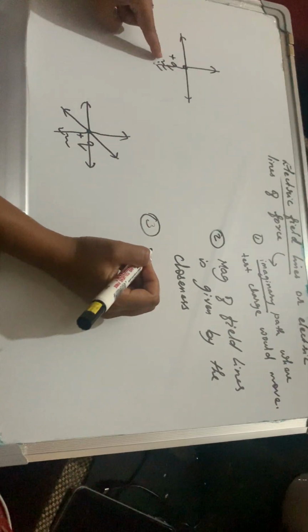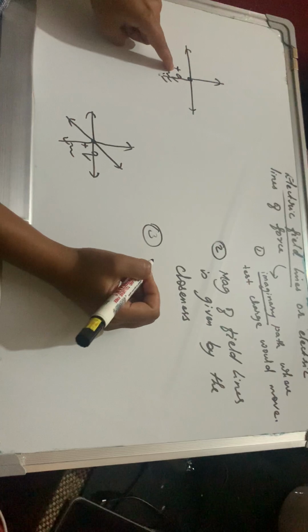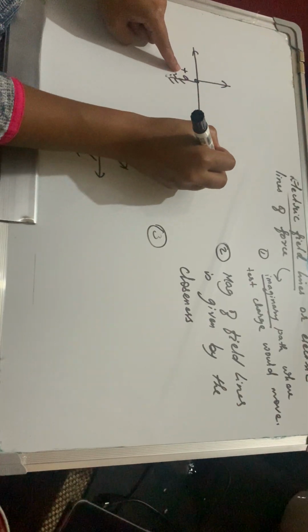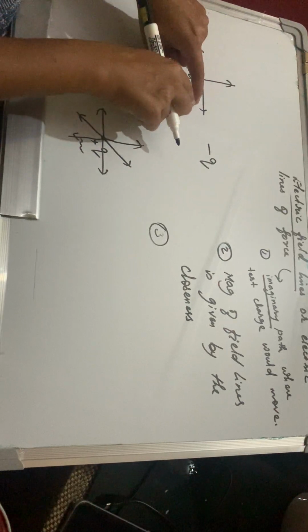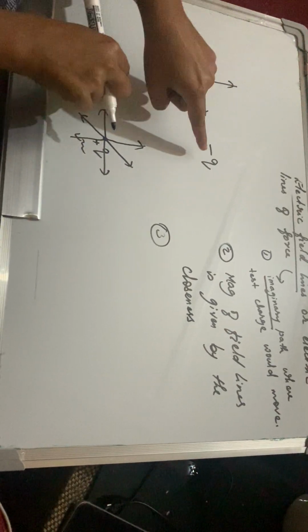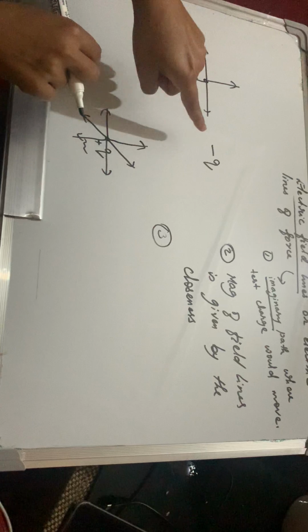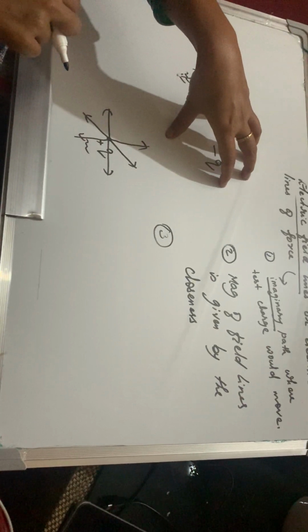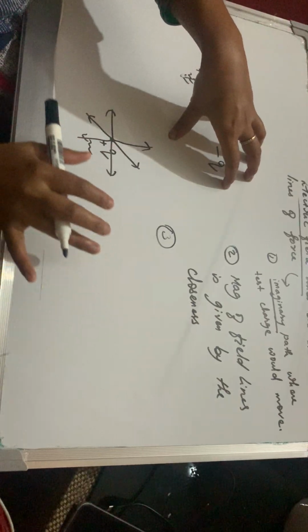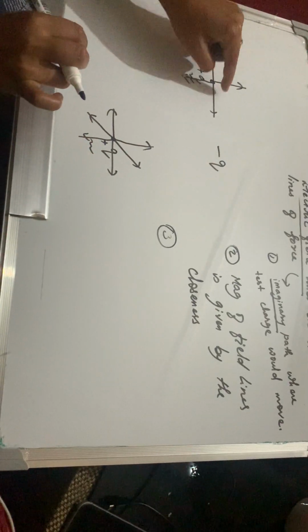However, suppose near to plus q, here is also minus q. For plus q, if you are using 4 field lines, then for minus q you should also use 4 field lines. It's a matter of your choice. There is no hard and fast rule that for this charge, this many field lines.